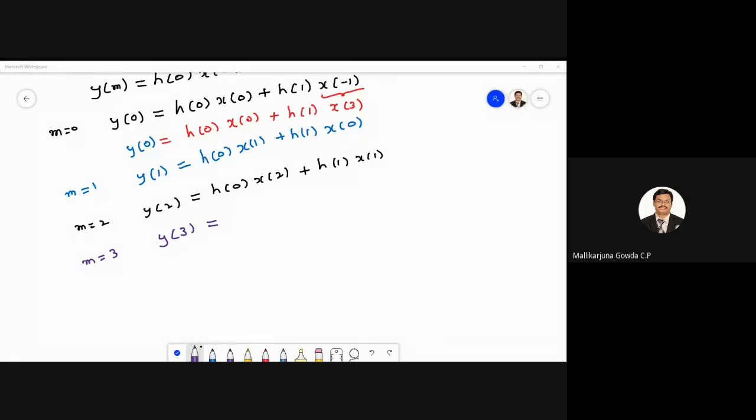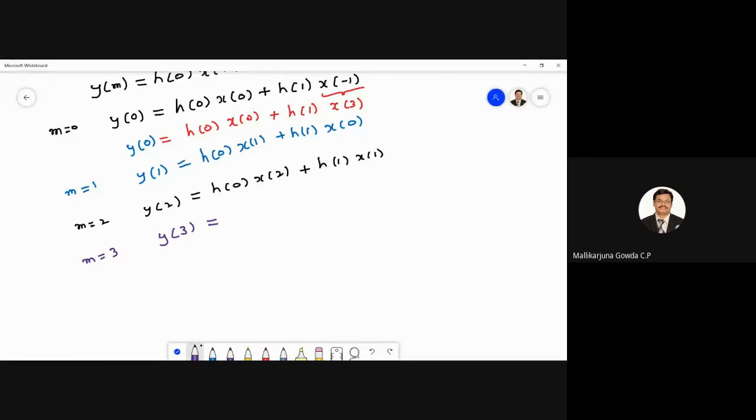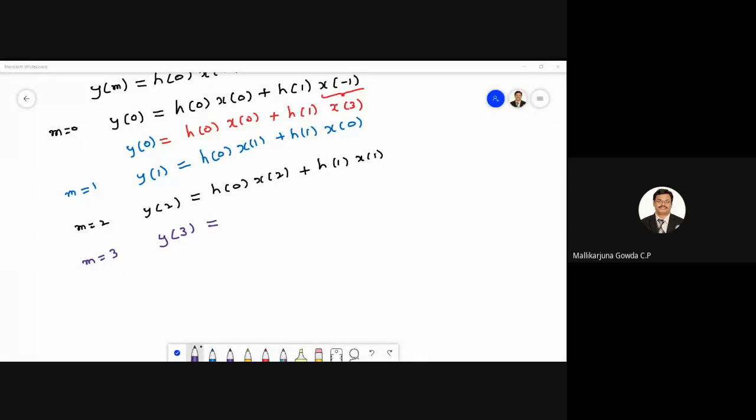Chaitra. Yes, what about Ashwin? Ashwin. Hello. No, Ashwin. What about Ritu?